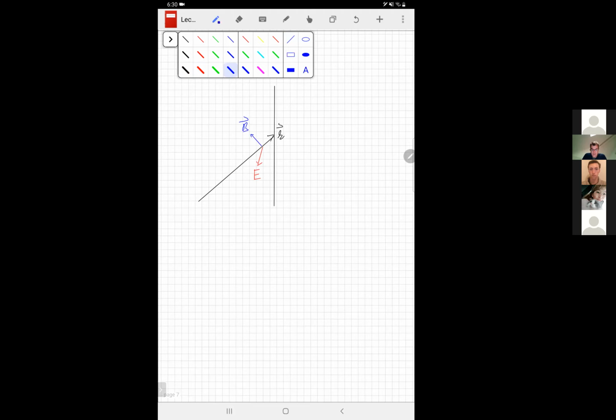And if the light is called TE, transverse electric, what that means is that it is transverse, or entirely in the plane. It's transverse to the interface. There's no component of the E field that's pointing into the direction of the interface. On the other hand, for the B field, there definitely is, because these things are really oscillating.